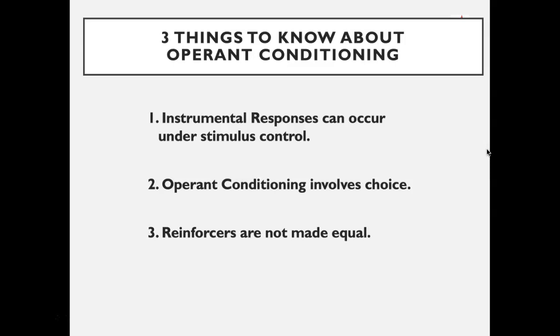Money in and of itself is not reinforcing. It's reinforcing because of the associations we've made with it. With money we've learned that we can buy things like food. So the secondary reinforcers are a means to get to those primary reinforcers. So they're not made equal, and what's reinforcing for one person may not be reinforcing for another.